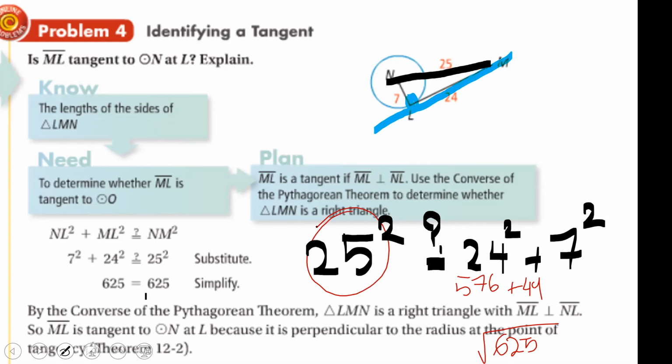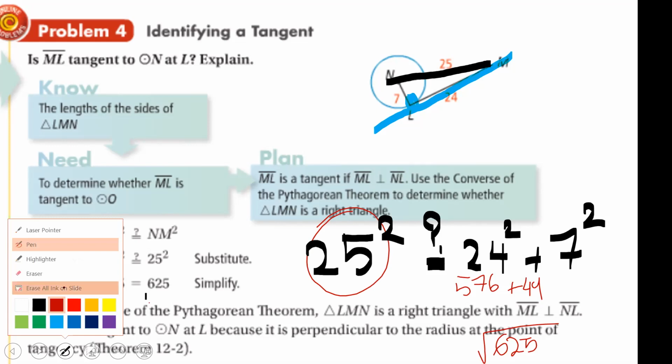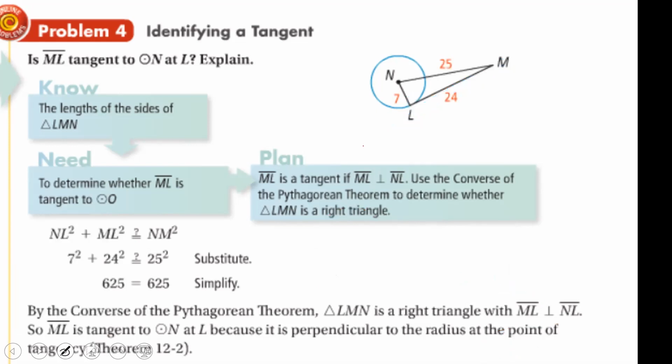So that means this is a right triangle. These dimensions are the dimensions for the right triangle. Since it is a right triangle, we have a right angle, which is here.